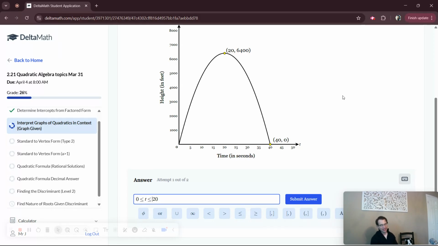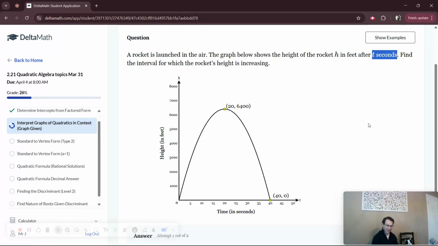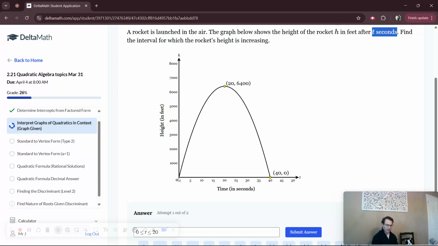Sorry, that was me realizing out loud how they wanted the answer. We want to give an interval for time. I promise this will make more sense. We want an interval for time that describes 0 seconds all the way to 20 seconds. That's the time when it's increasing.